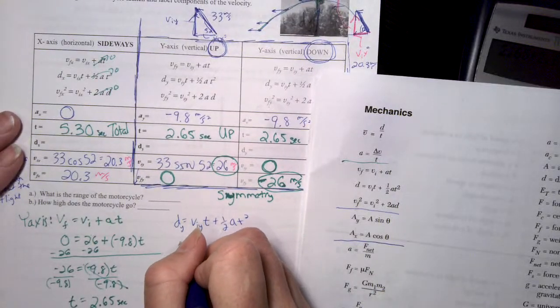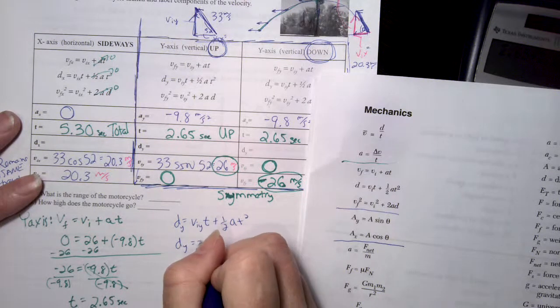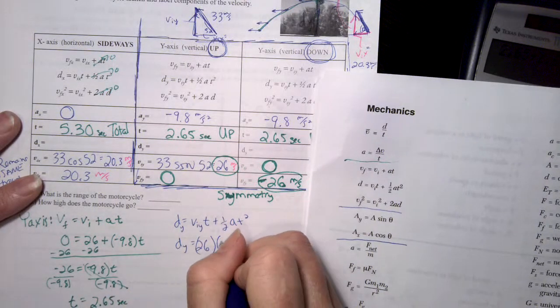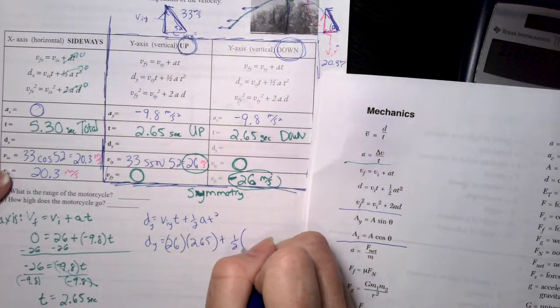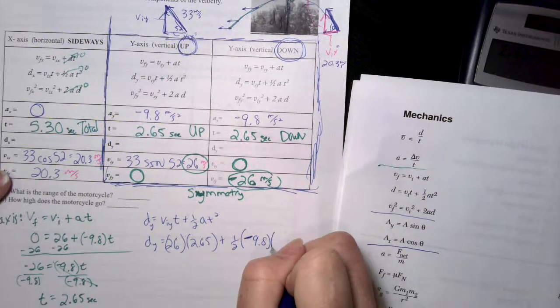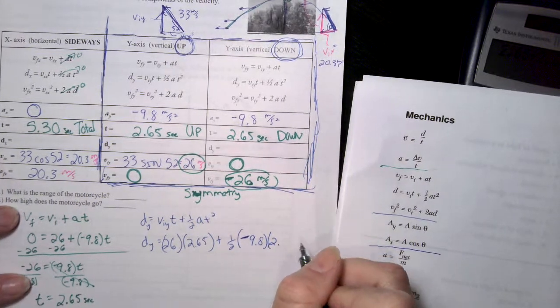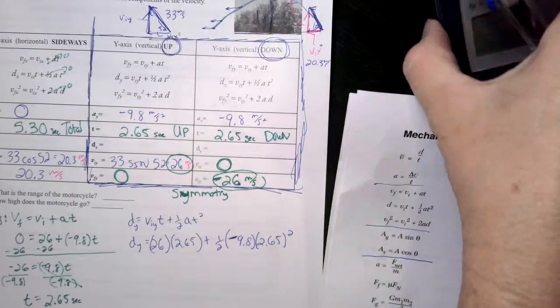This is the y-axis. So dy is going to be 26 times 2.65 plus 1/2 negative 9.8 times 2.65 squared.